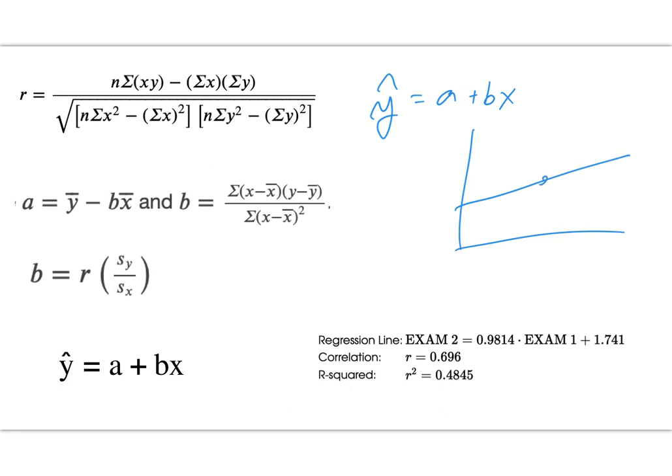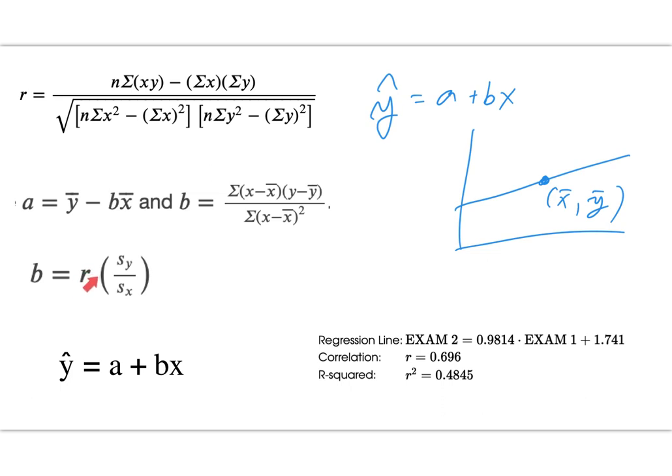The one point that the line of regression goes through is the point x bar comma y bar. So if you found the average of the x's, found the average of the y's, plotted that point, that's where the line of regression will go through it. I will then use R to find the slope.